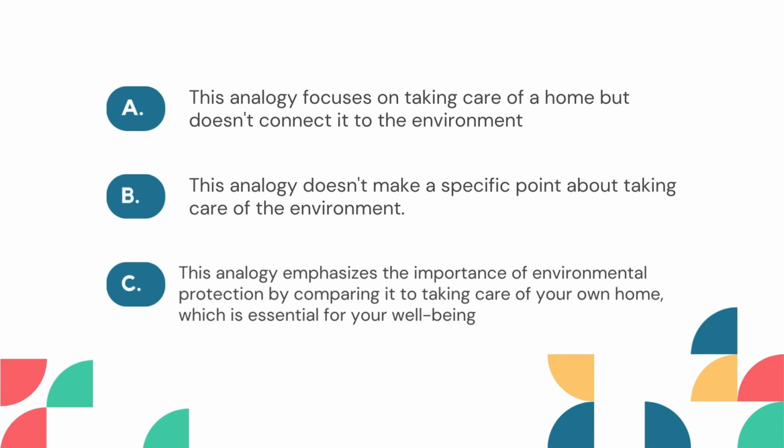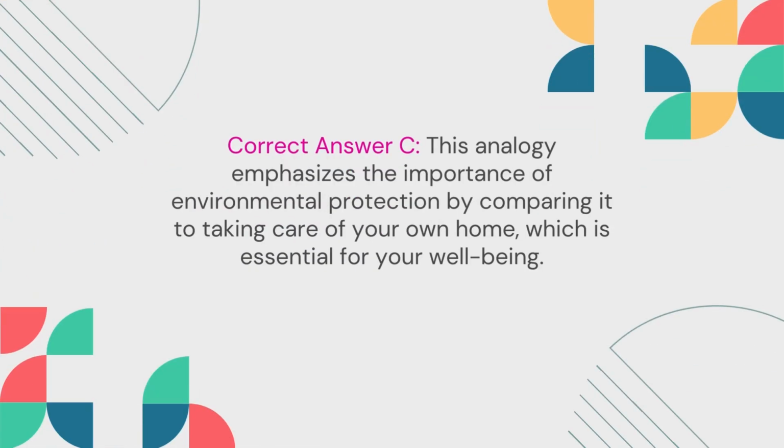And C. This analogy emphasizes the importance of environmental protection by comparing it to taking care of your own home, which is essential for your well-being. Okay, the correct answer is letter C. This analogy emphasizes the importance of environmental protection by comparing it to taking care of your own home, which is essential for your well-being.